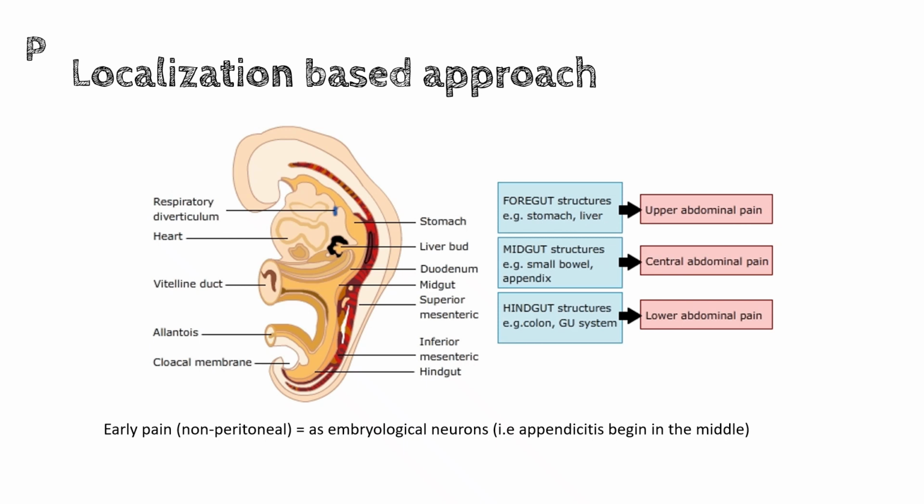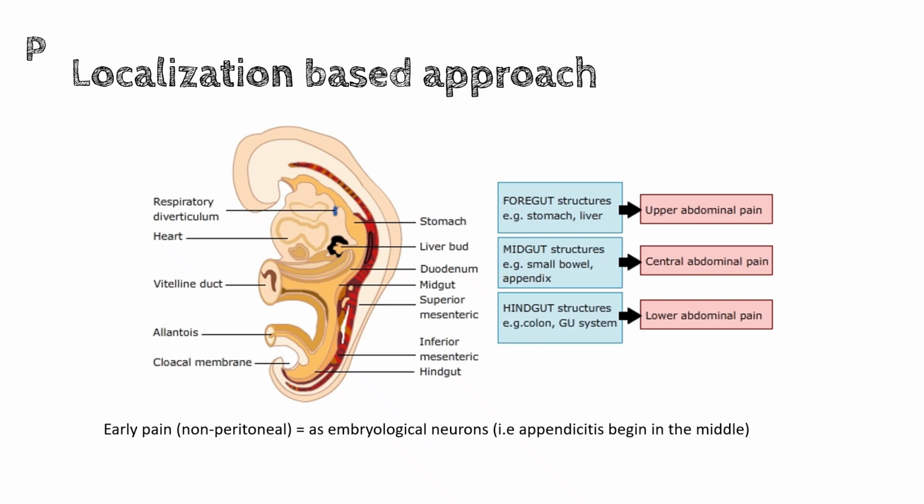That's part of the explanation why, as I understand it, when you start having early appendicitis, it classically will hurt in the midgut region because it's a midgut structure, and then the pain will move. It becomes local pain, like in the peritoneum, which is not innervated like the bowel.